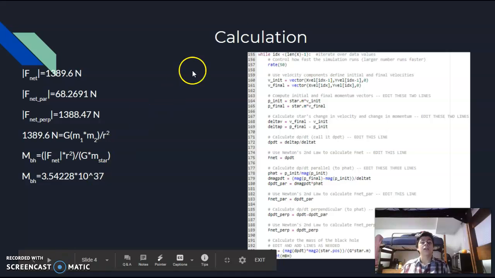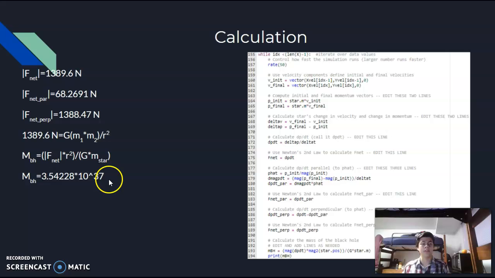So let's say that we didn't have the script. Here is all the code that I used to calculate the mass of the black hole, which should say kilograms right there for mass. Our code gives us Fnet, Fnet parallel, and Fnet perpendicular.